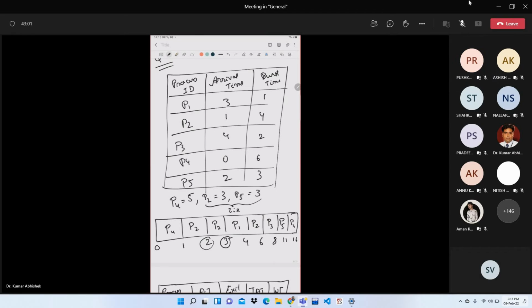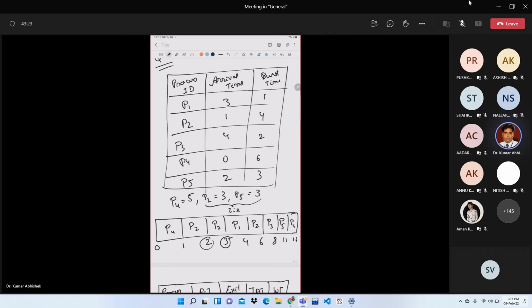Okay, sir. It is a tie, right? Sir, then P2 will execute. Okay, sir. Then if there is a tie, what do we have to go for? Lower process ID. What is your low process ID? P3.